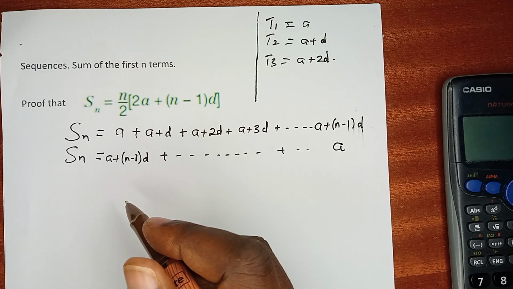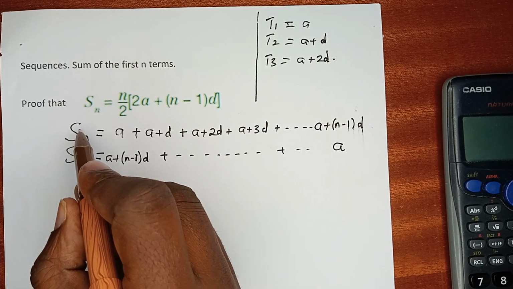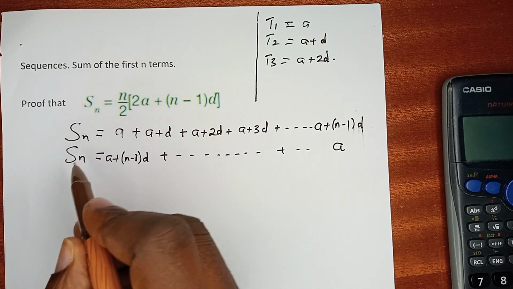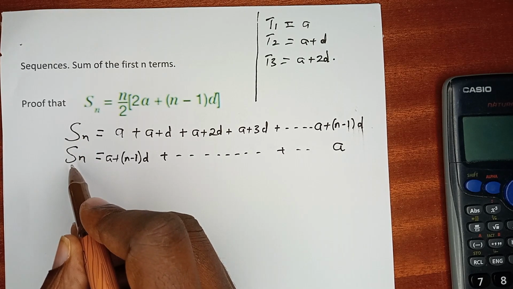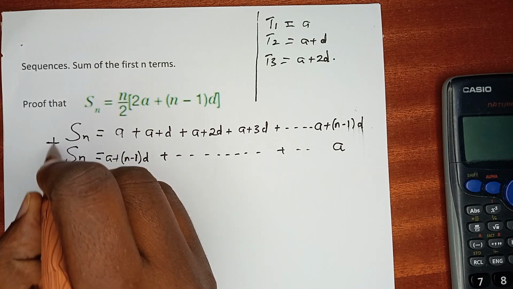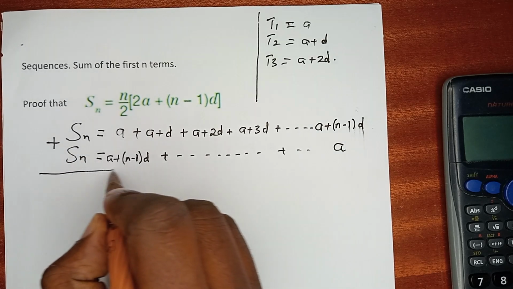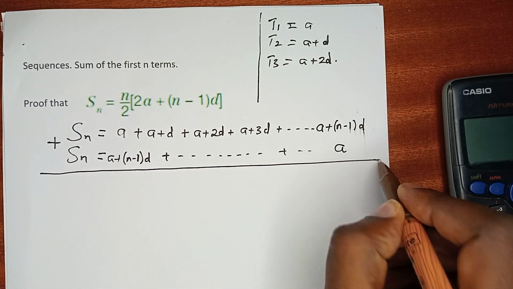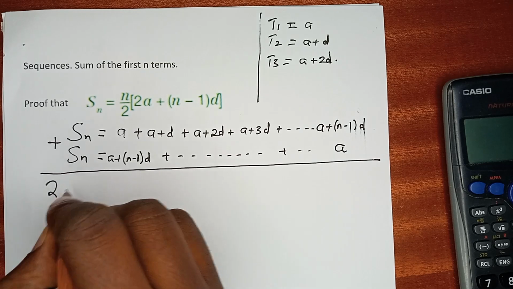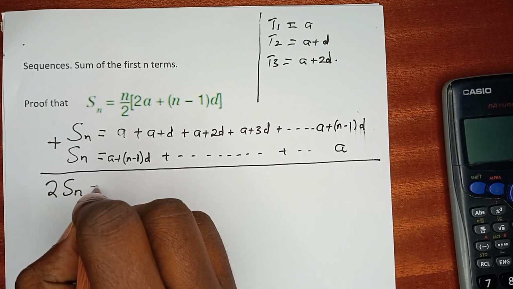The same sum. So the sum of the first n terms plus the sum of the first n terms, when you add the two, you'll simply get twice the sum of the first n terms.